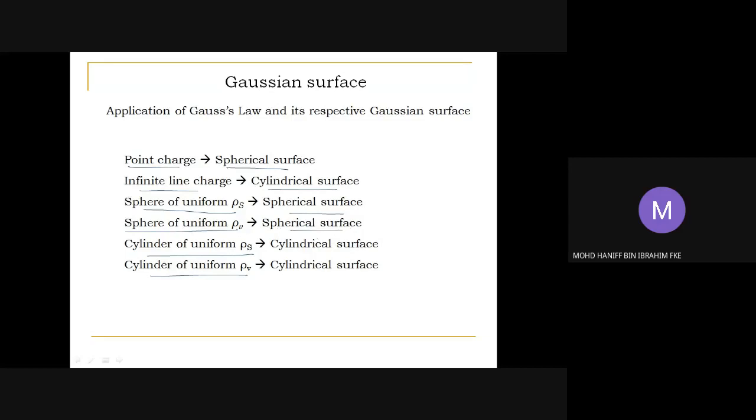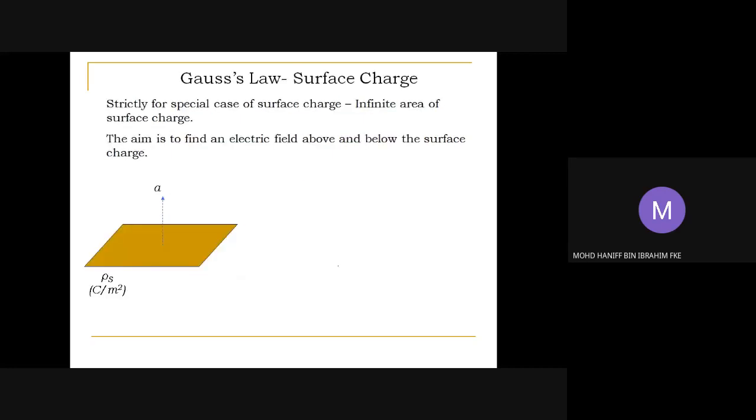And for the cylindrical structures of uniform rho s and uniform rho v, your Gaussian surface must be a cylindrical surface. So it's either a spherical or a cylindrical surface to be used as your Gaussian surface. These are the common problems and the respective Gaussian surfaces that need to be used in solving them.